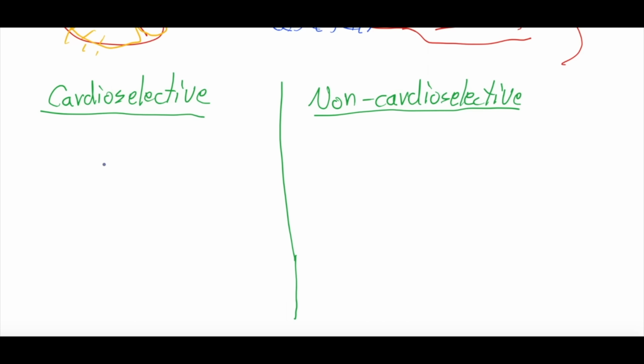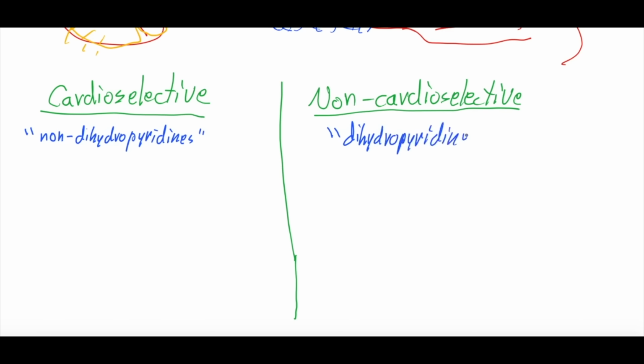So these cardioselective calcium channel blockers are also termed non-dihydropyridines, which then you can imagine non-cardioselective ones are known as dihydropyridines, which is nice and confusing.